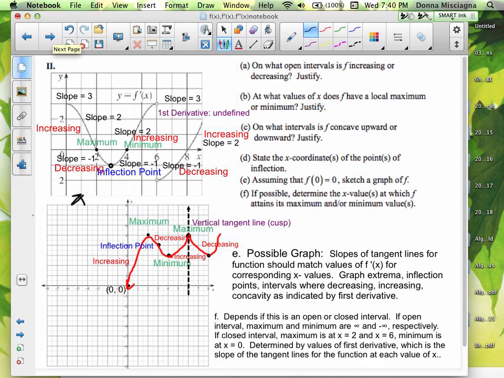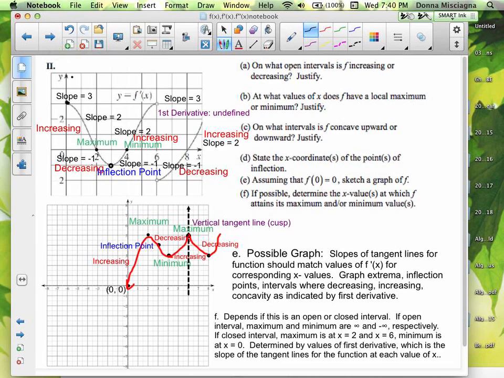Oh, wait, silly me. This is the derivative, not the function. I tell you, I'm getting tired. There we go. This is the derivative, not the function. The values on our derivative are slopes.